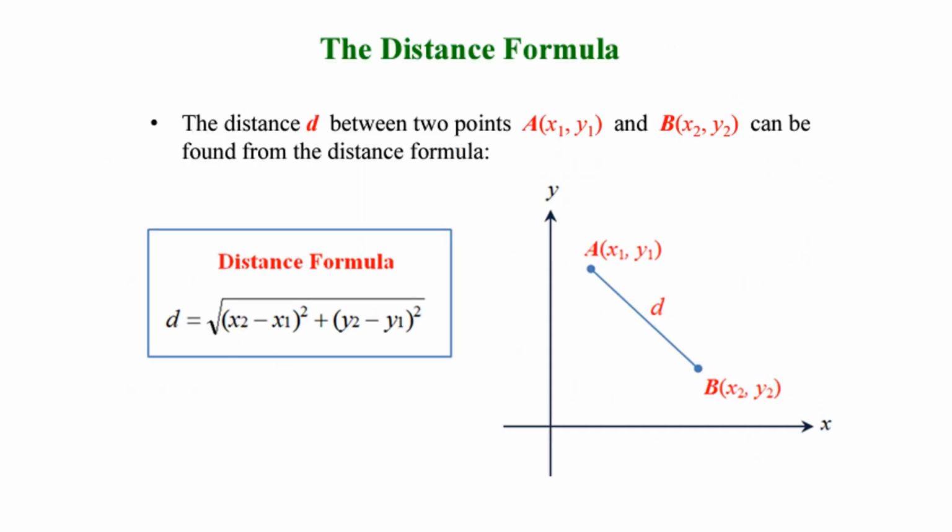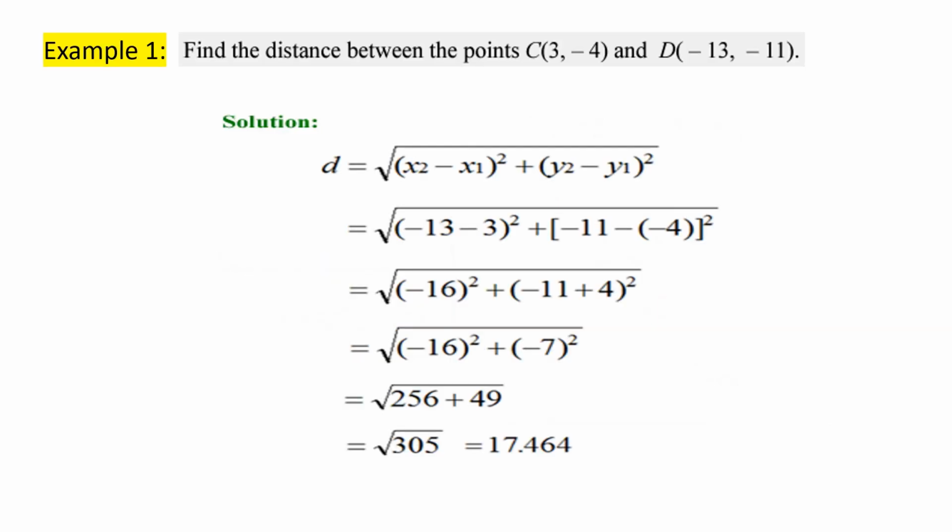The distance formula is: d equals square root of (x2 minus x1) square plus (y2 minus y1) square. So if you have two coordinate points in the plane, we can find the distance between the 2 points. Okay, let me explain with an example.